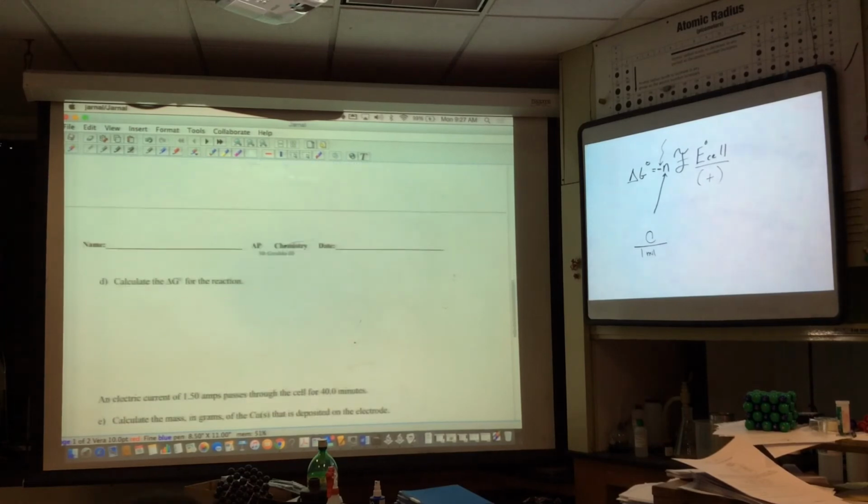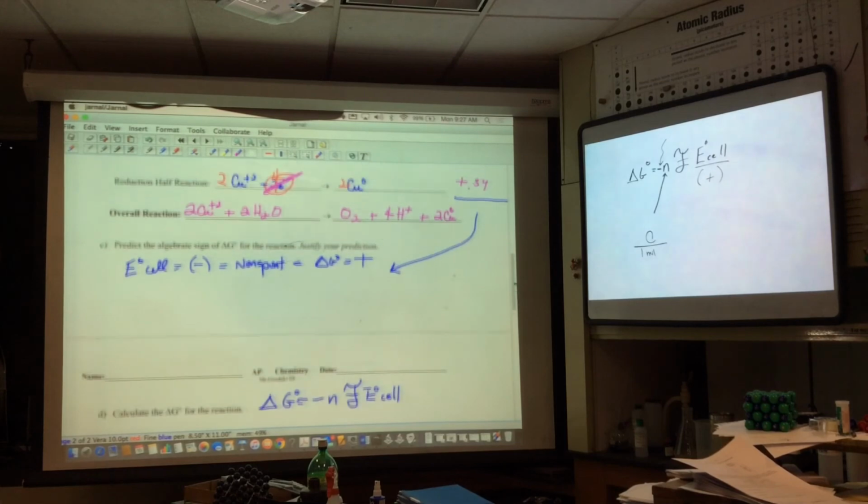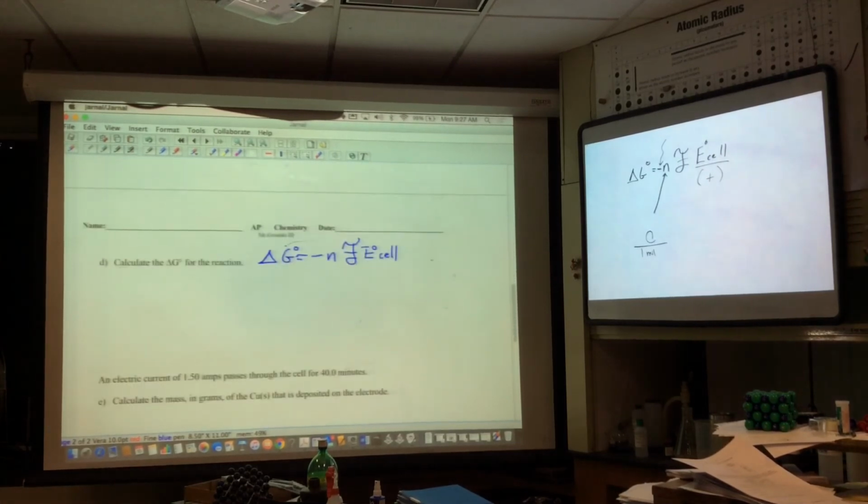Pretty simple stuff here. Calculate it. All right? So delta G0 is equal to negative n, fancy F, pinkies out, E0 of cell. So we're going to need E0 of cell. They're going to give you a point for doing E0 of cell. So that, if I remember, is negative 1.23 plus 0.34, negative 0.89.